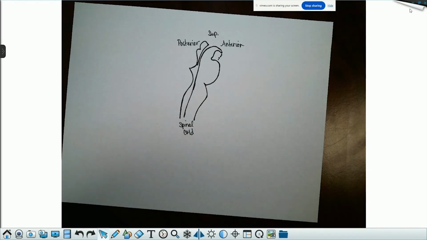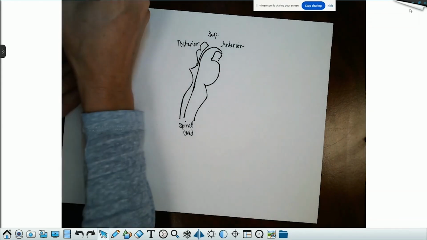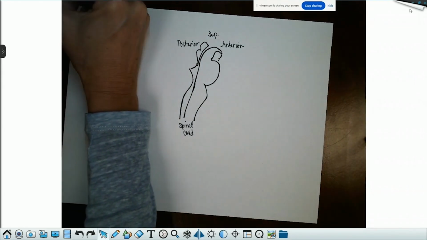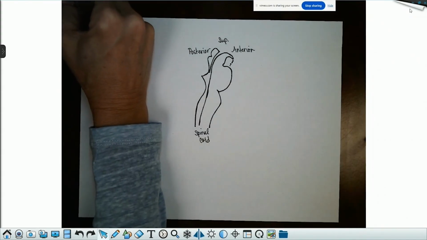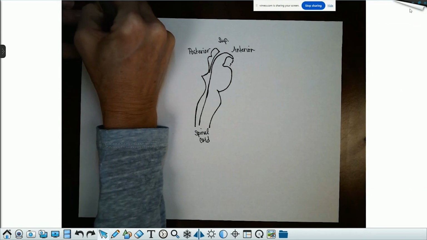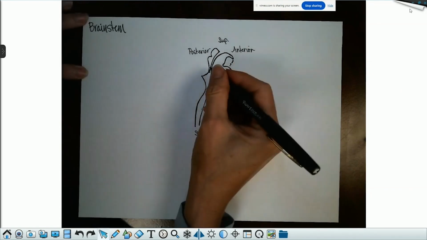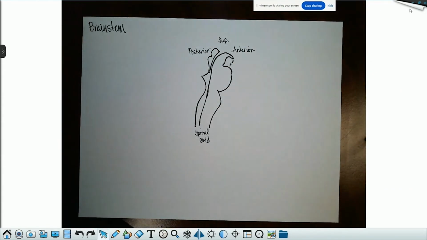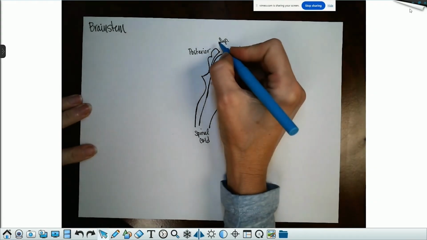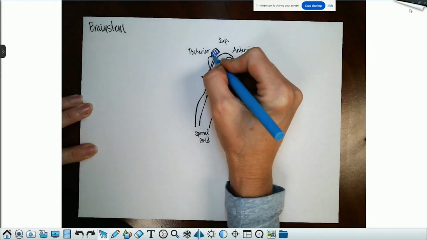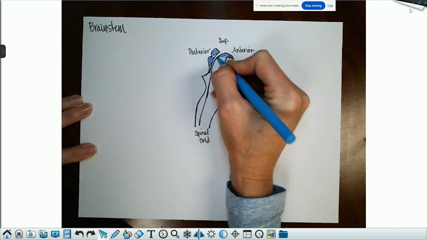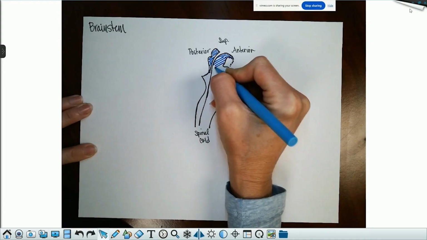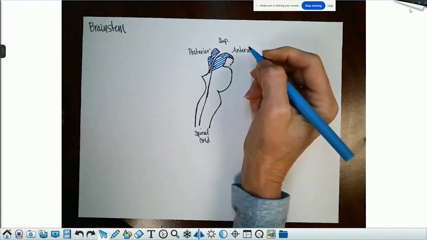We've got 3 parts to the brainstem that we are going to look at. The first part is up here at the top, and it is all of this and this. So all of this is what is called the midbrain.